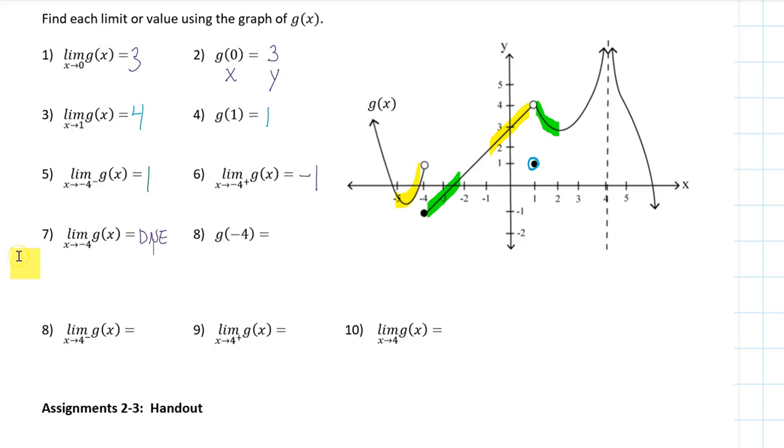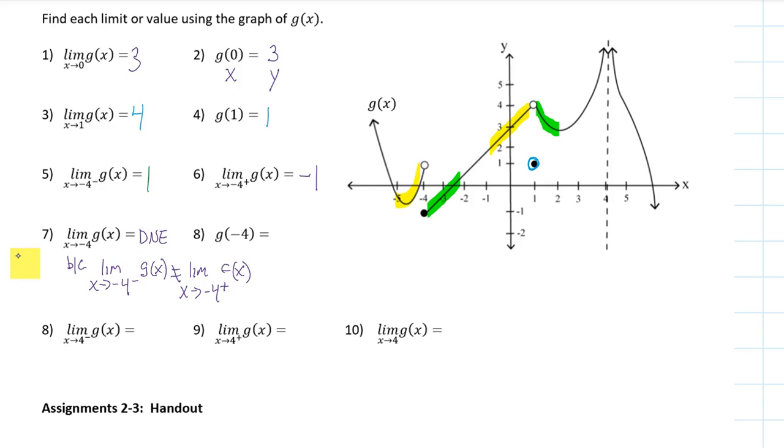And the reason it does not exist, we're going to be writing lots of these in the future, is because the limit as x approaches negative 4 from the negative side of g of x does not equal the limit as x approaches negative 4 from the positive side of g of x.